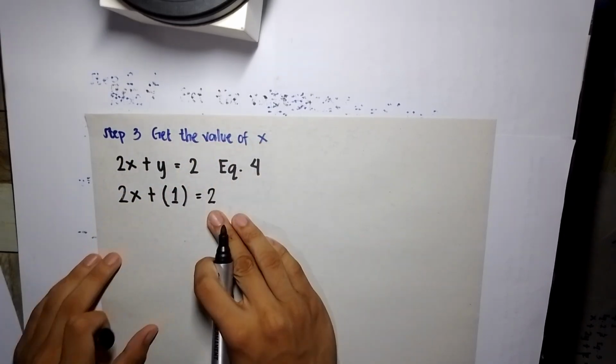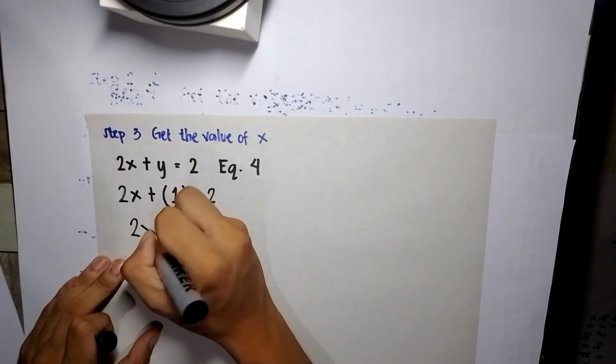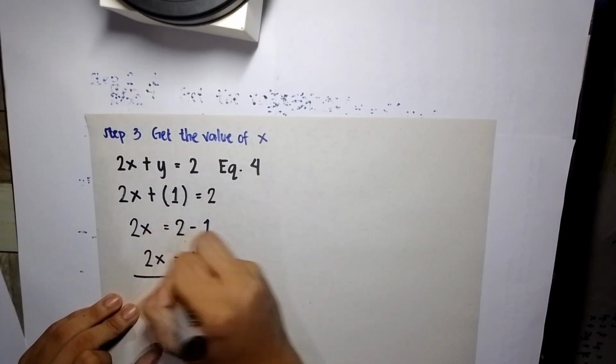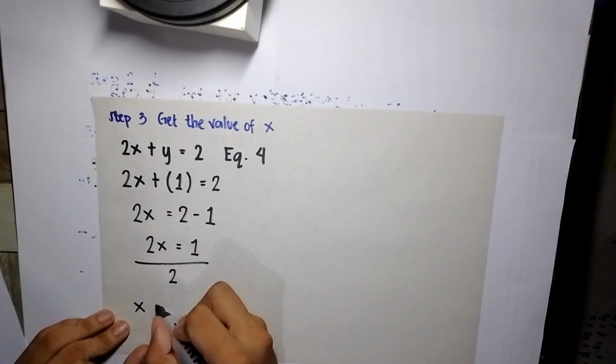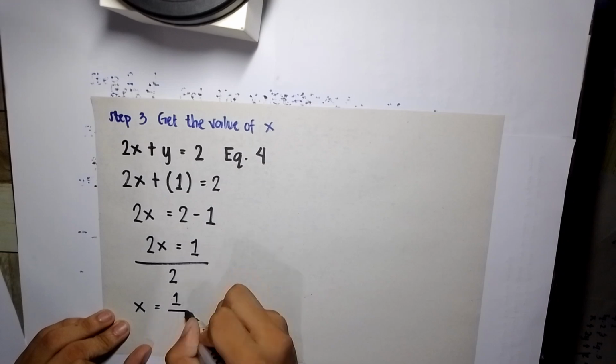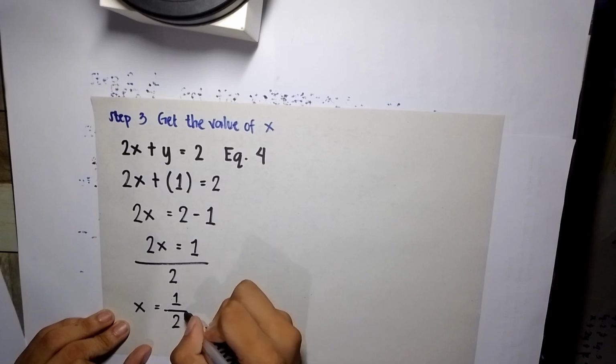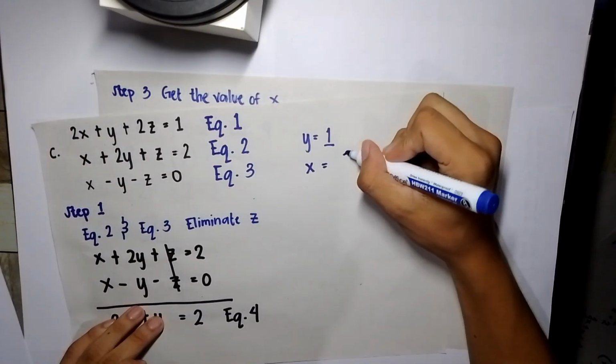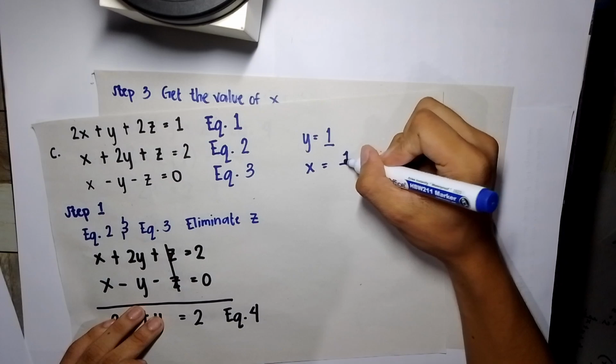Isolate 2x by transposing 1 to the right side. Now make the coefficient of x equal to 1. Therefore, the value of our x is equal to 1 over 2. Now we have the value of x, which is 1 over 2.